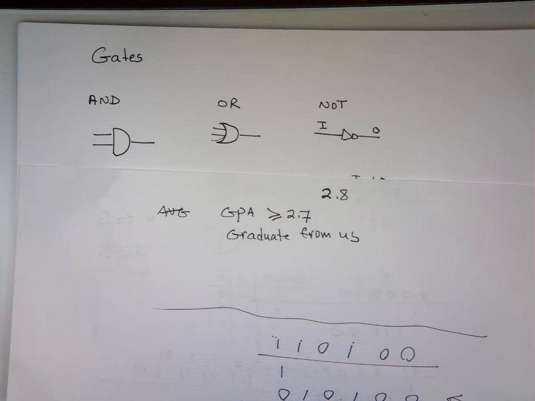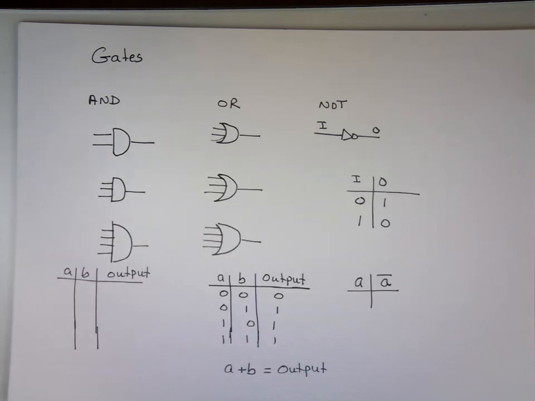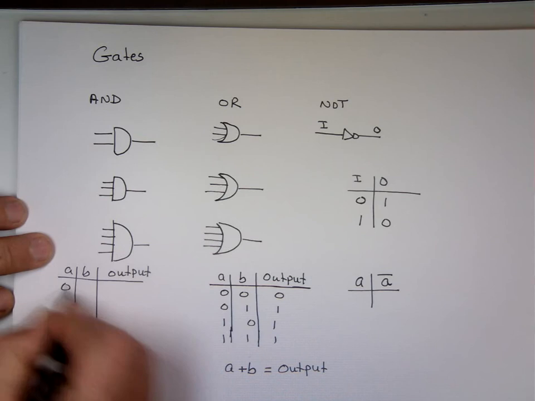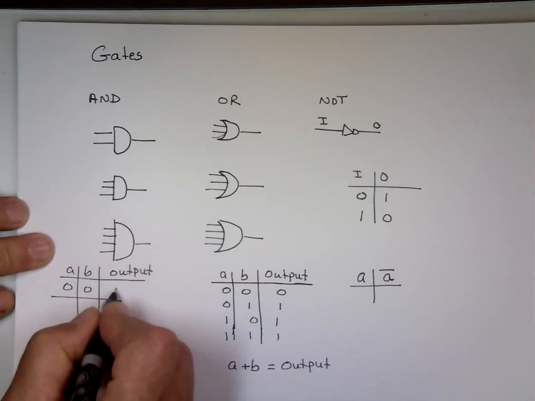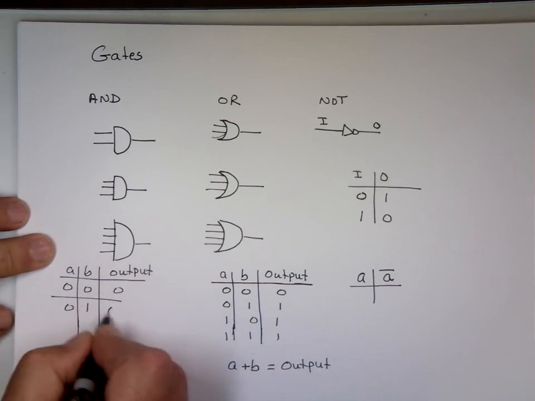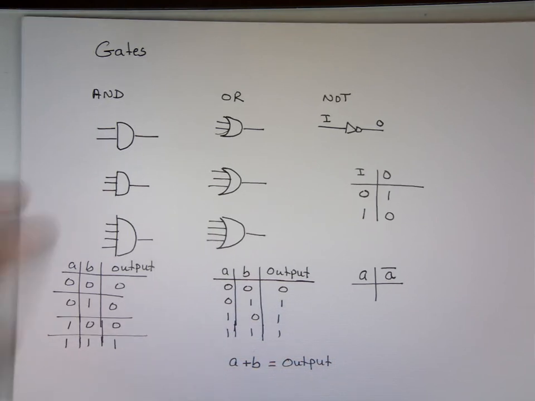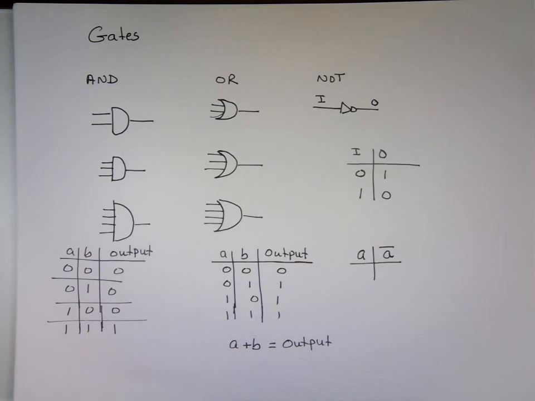So for an AND gate, for the result to be true, like 1, both have to be true. So if one of them is false, you're getting a false. So the only time you get a yes, a true statement, is if both inputs are true and true.